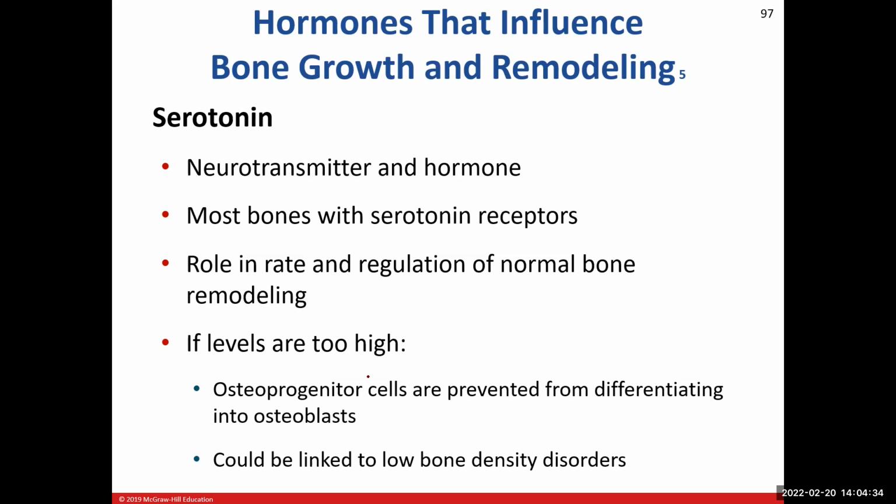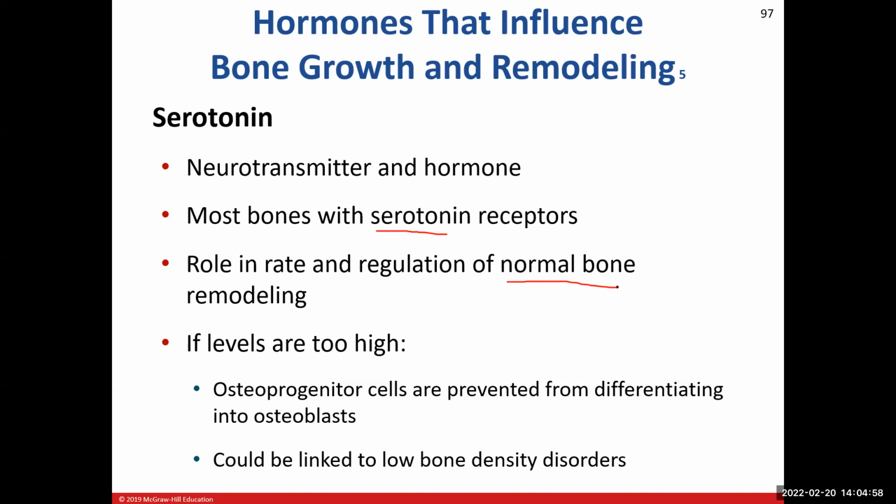In this case, we have found that our bones have receptors specific to serotonin. And as long as your serotonin levels are good, no problems, bone growth undergoes a normal rate of turnover and remodeling.